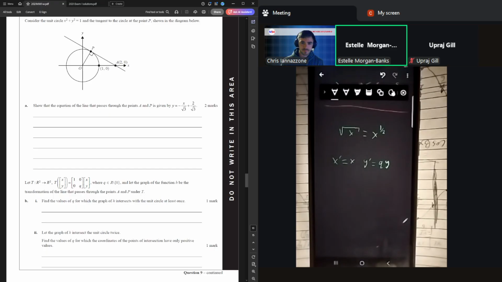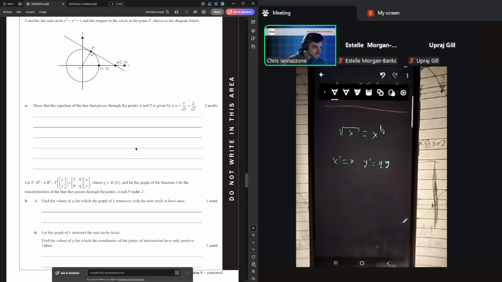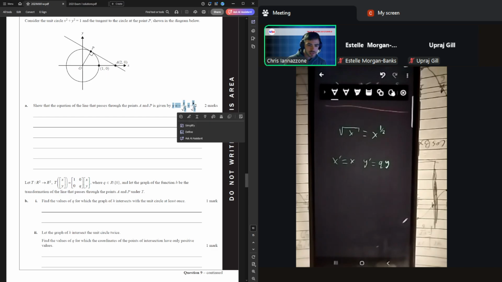Sorry, I had to leave the room for a second. Can you just explain the matricey thing again? Yeah, okay. So I've replaced the matrices with the equivalent x dash, y dash on the handwritten notes. It basically means you've got x dash equals x and y dash equals qy. It's a transformation matrix. What's going on there is we're transforming the y equation.